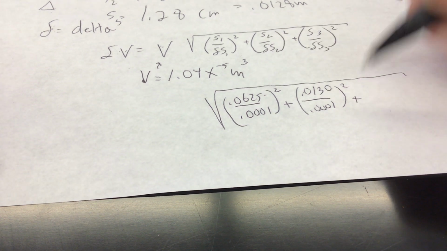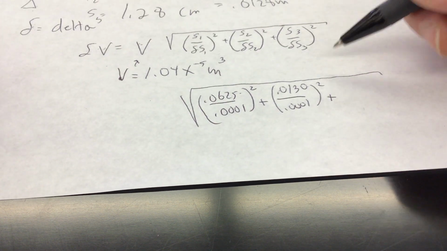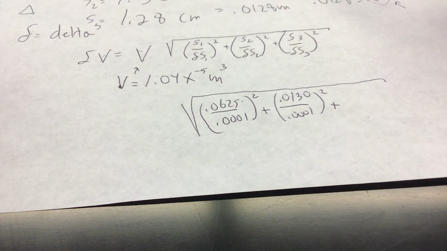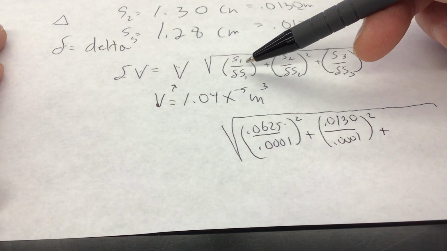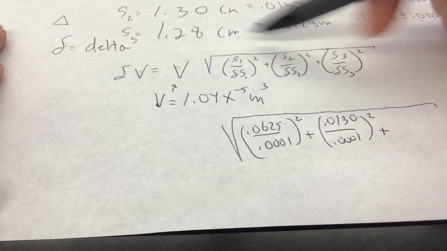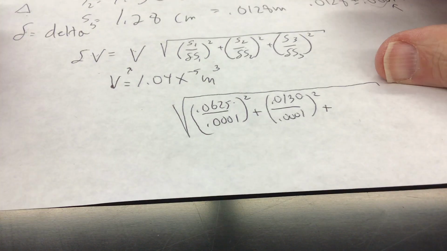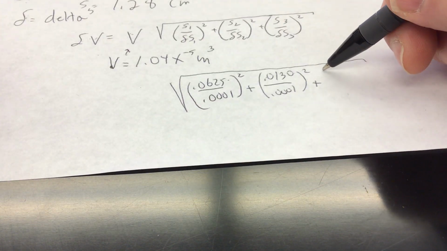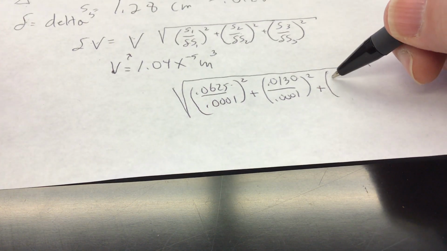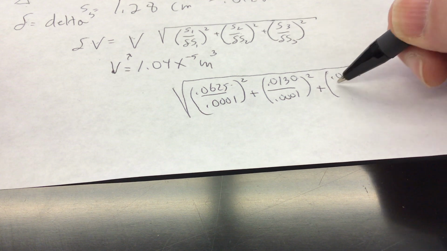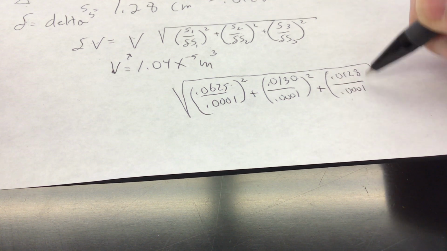All throughout the semester, you're going to be doing this. When you multiply or divide, you do the same thing. It doesn't matter if you multiply all 4 dimensions or multiply some and divide others. You just add them underneath the square root sign and multiply by the thing you're trying to find the uncertainty for. And S3 is 0.0128 divided by 0.0001.